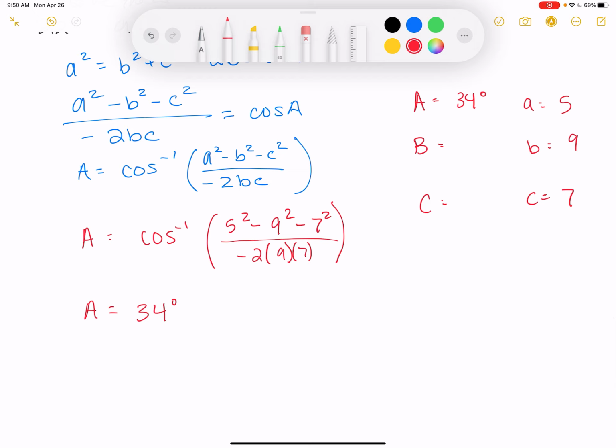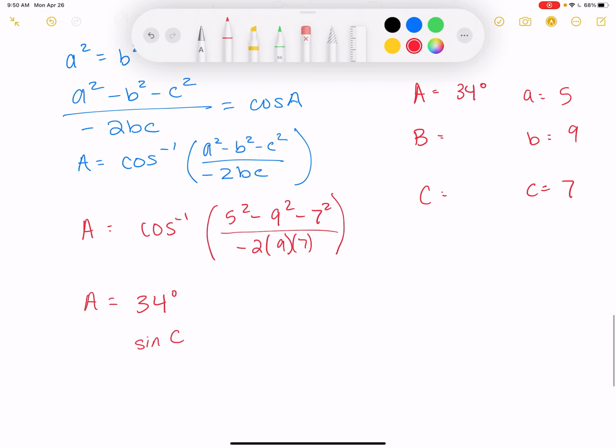Alright, and then at this point, I can now use the law of sines. So, I'm going to use the smallest side first. So I'm going to do C. So the sine of C over 7 equals the sine of 34 over 5. There's still a chance that this is going to come out and not be the right order, but we're just going to deal with it.